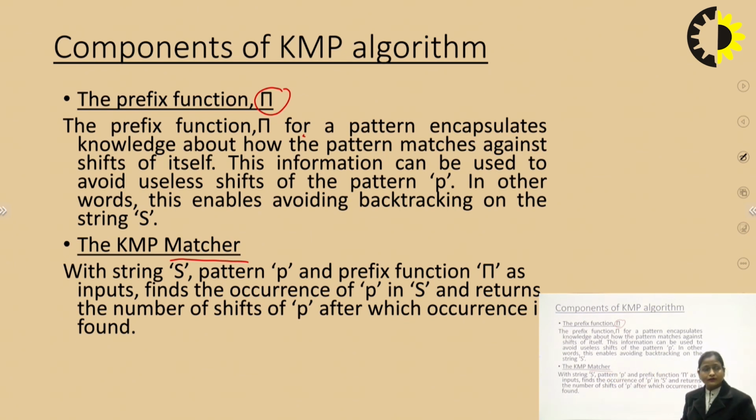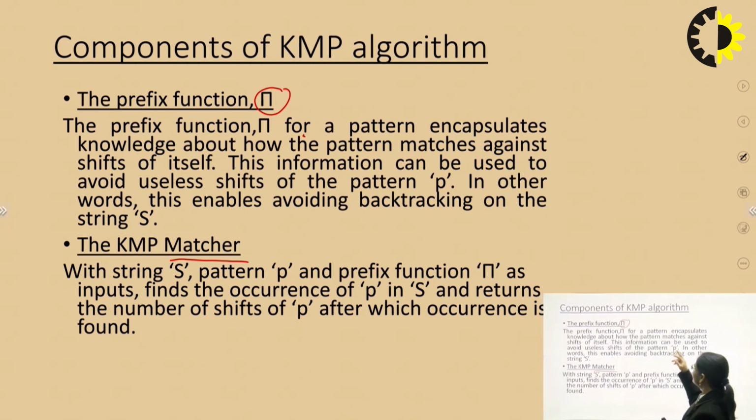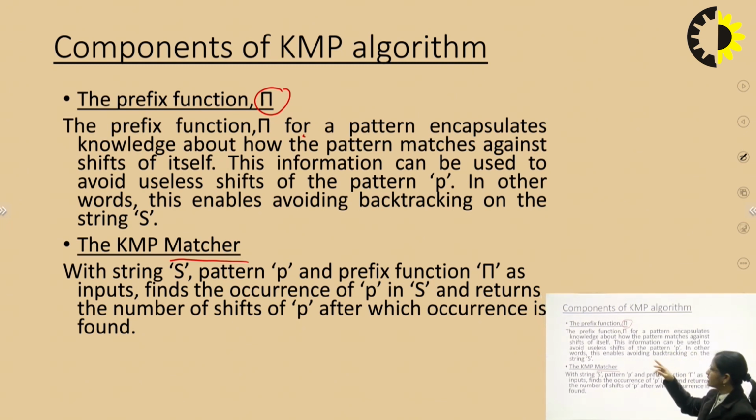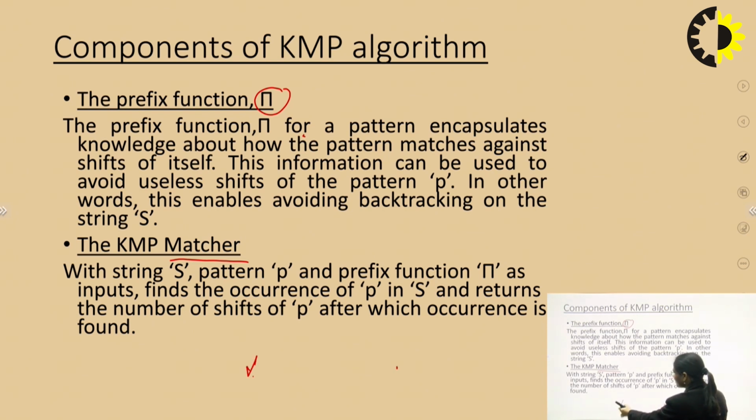So first we have to understand the concept of the prefix function. Okay, so basically the prefix function pi for a pattern encapsulates knowledge about how the pattern matches against shifts of itself. That means in this case we don't shift directly to our first position, we have to shift according to our prefix function.